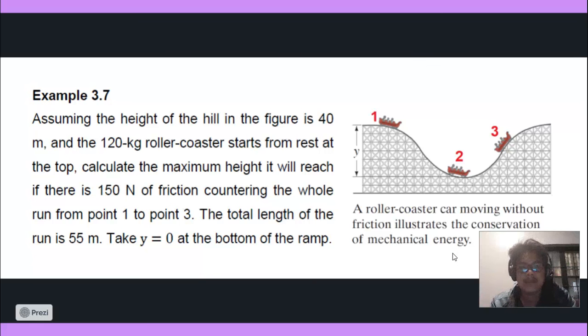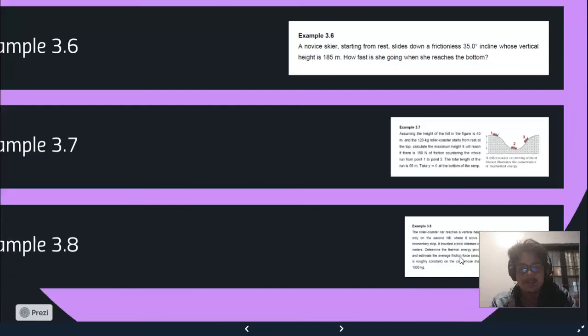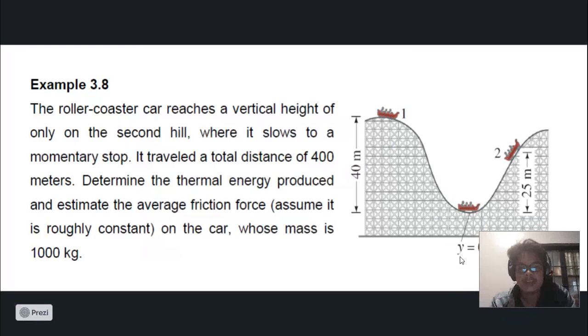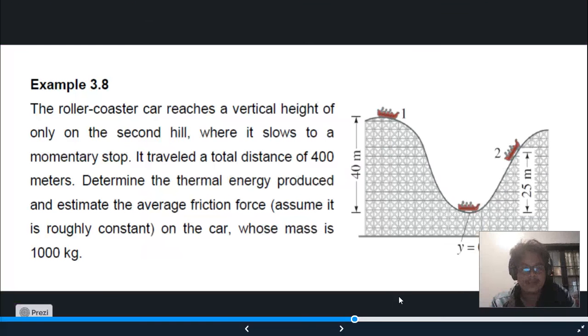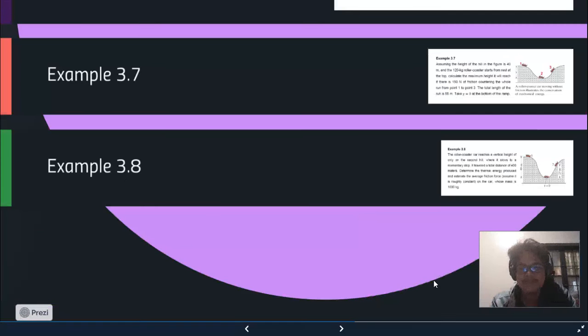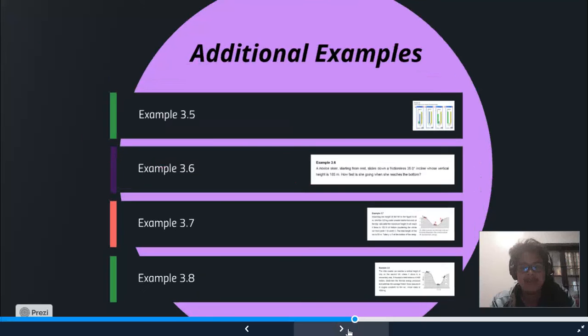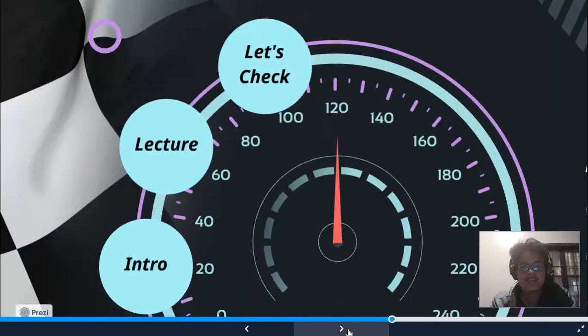Okay, lastly, let's go to the assessment. So we have the components of our summative assessment. So if you are ready to answer your summative assessment, just listen to our lecture here. Okay, so the components are multiple choice, problem solving, and lastly the experimental output.